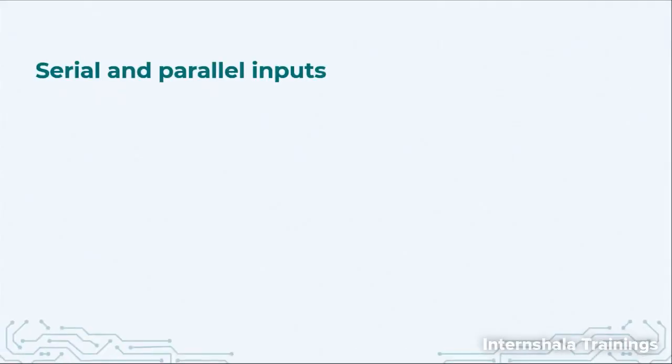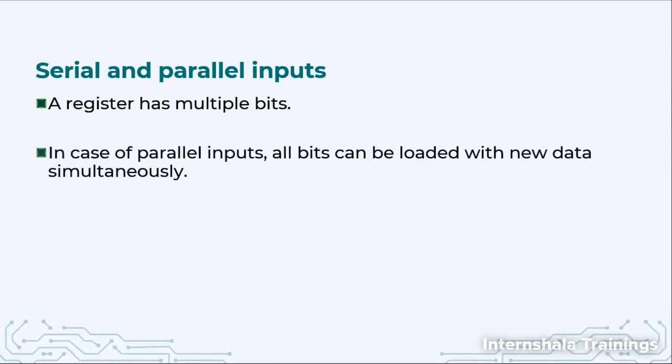So first of all, we should know how the input can be provided to a register. A register, as we had discussed earlier, can have multiple bits. In case of parallel inputs that we have discussed till now, every bit is loaded at the same time whenever we are giving new data, right?